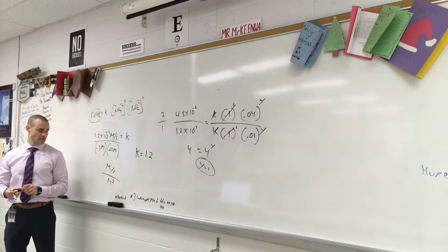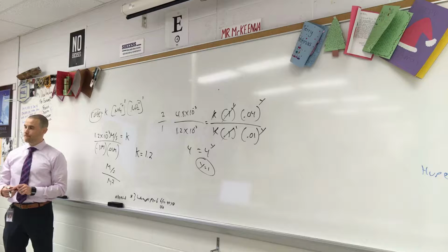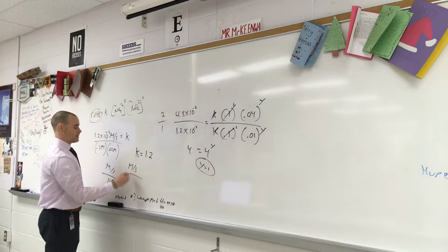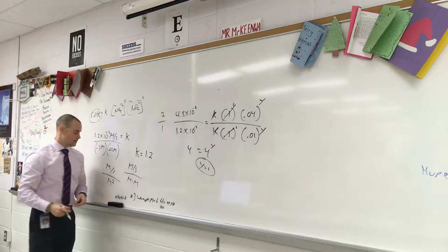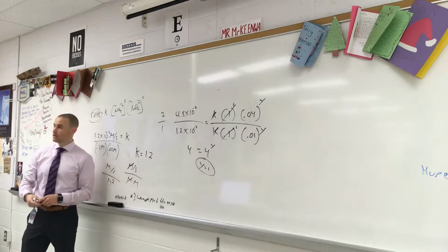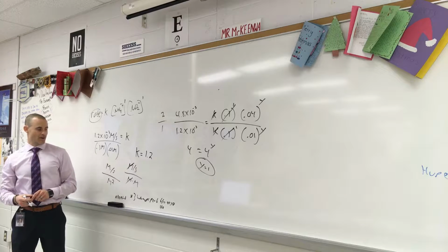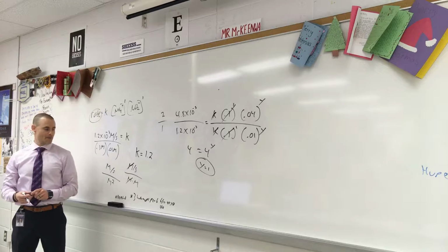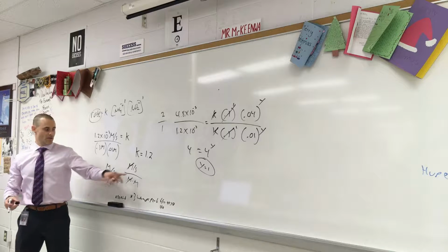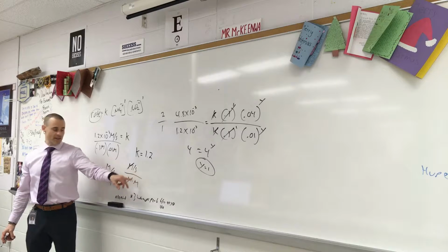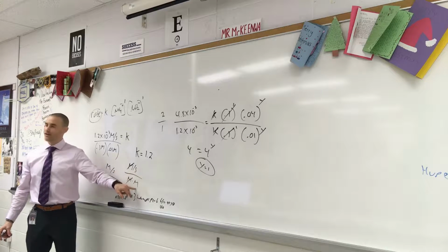So it's M over seconds, and one of the M's can go out. So this and this cancel out. Okay, so then what is that? Well, this is per seconds, and then this is per molarity.